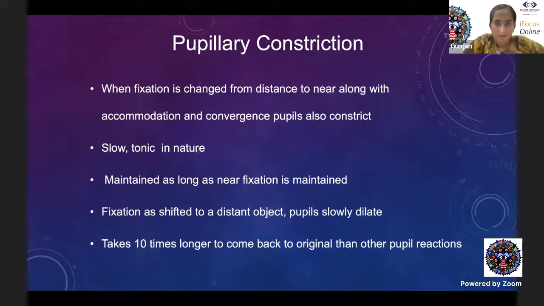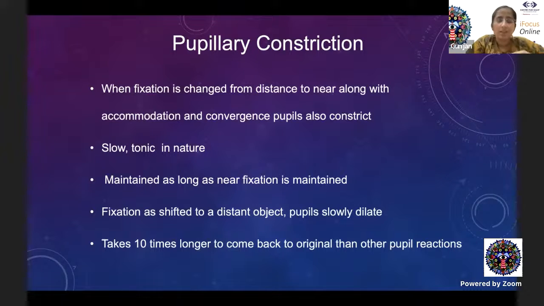Comparing the pupillary constriction caused by accommodation with that caused by a change in luminance, the constriction during accommodation is quite slow and tonic in nature. It is maintained as long as the near fixation is maintained.